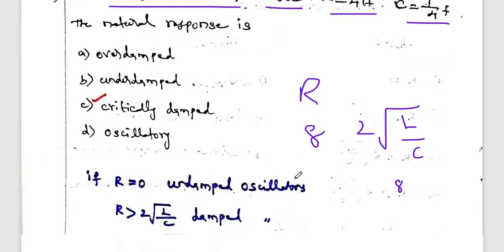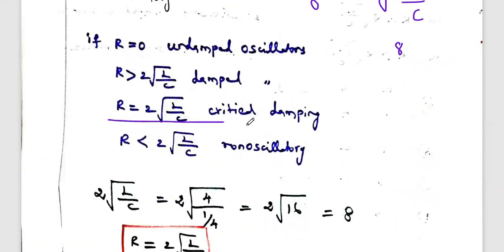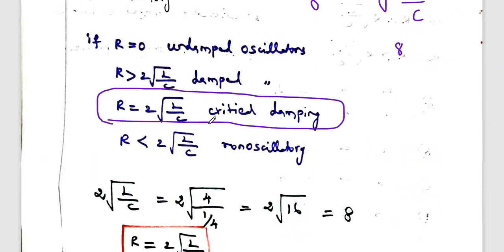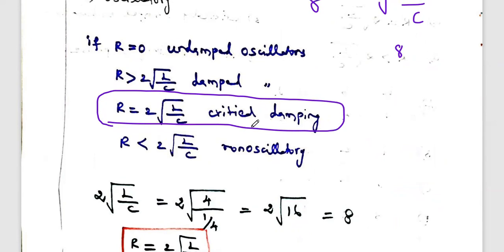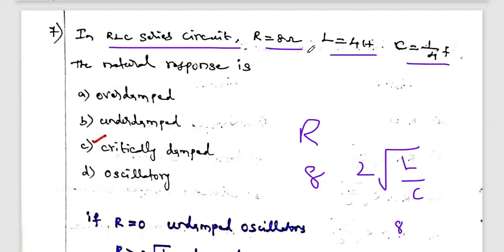So which condition is satisfied? R equal to 2 into square root of L by C. This means critically damped. So the natural response of the given RLC circuit is critically damped.